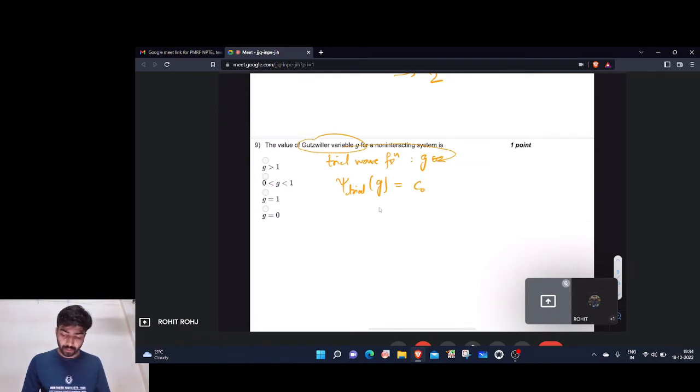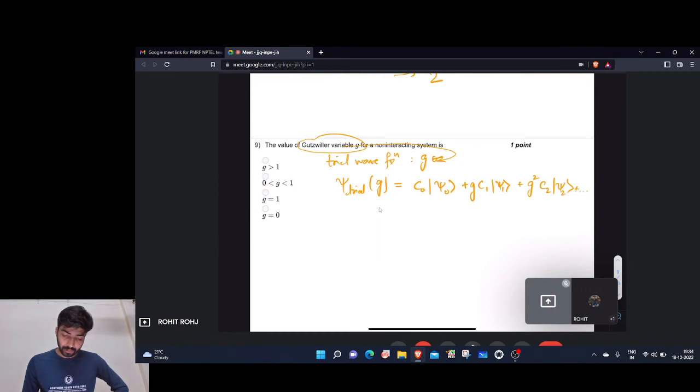This is written as C0 times the ground state, a linear combination of all these states multiplied by the Gutzwiller variable G: psi 1, G squared C2 psi 2, and so on.